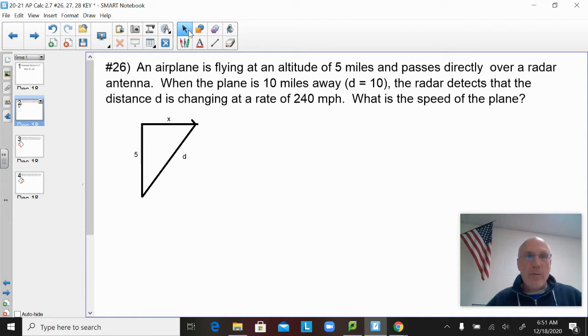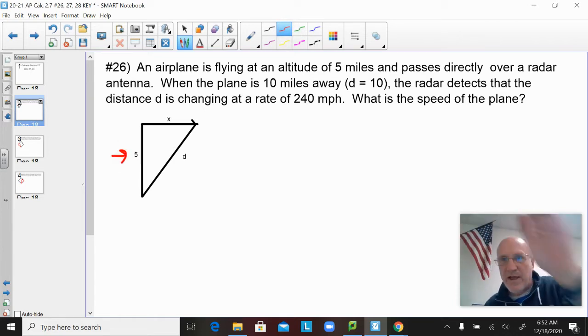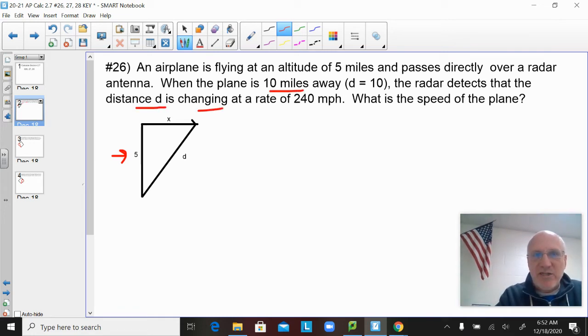So, like with the other ones, let's clarify what information is given to us and what information is being asked. It told us the altitude's 5. You'll notice that 5 can stay a 5 because that altitude does not change as the plane flies. When the plane is 10 miles away, the radar detects that the distance D is changing at 240. So it's telling you that dD/dt equals 240.